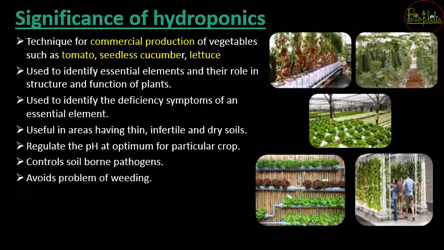Second significance of this technique was related to research, जहाँ पे scientists ने identify किया है about the essential elements, and when they identified they have understood the role of these elements in the structure and the function related to the plant growth.